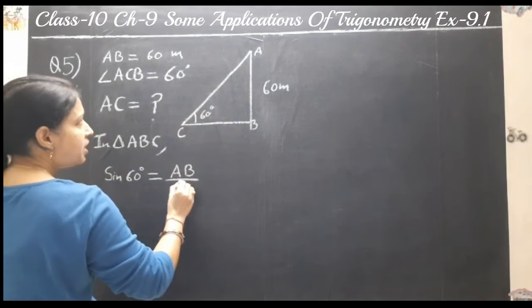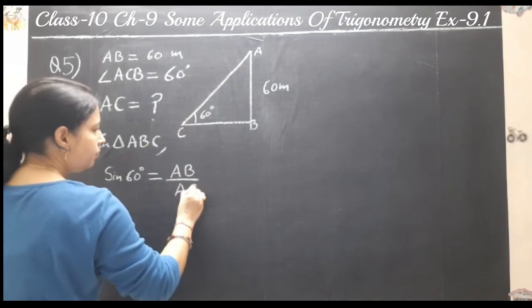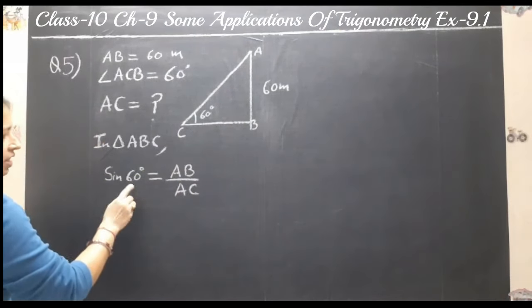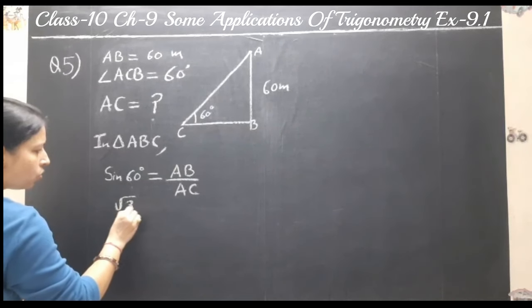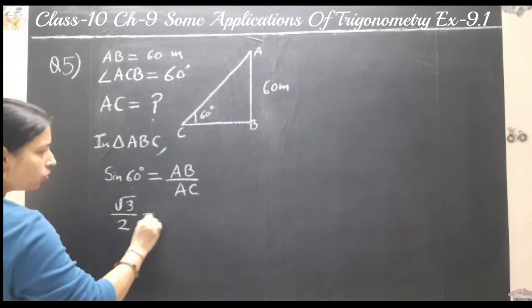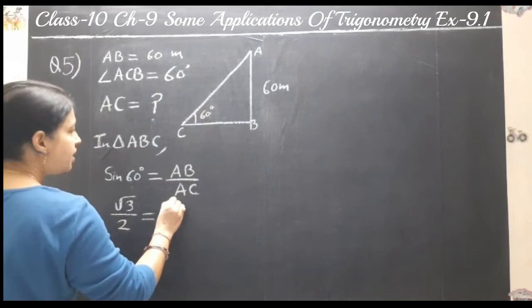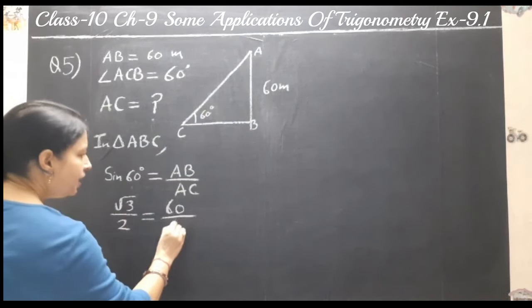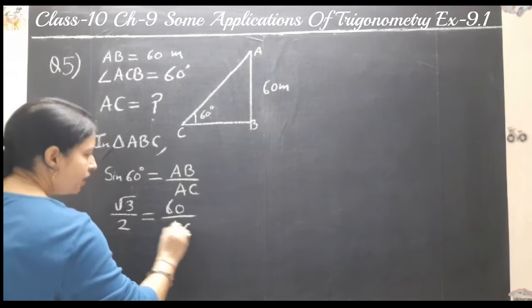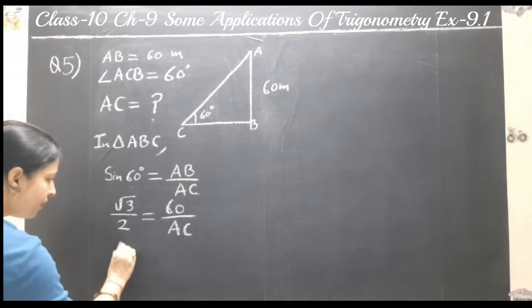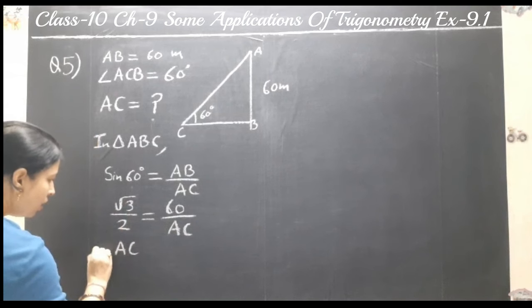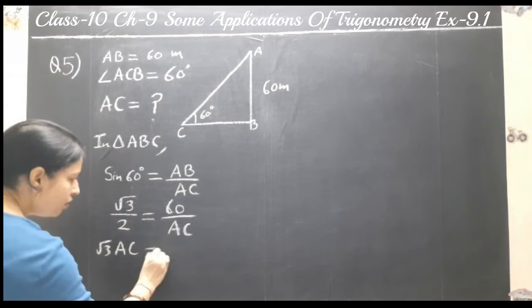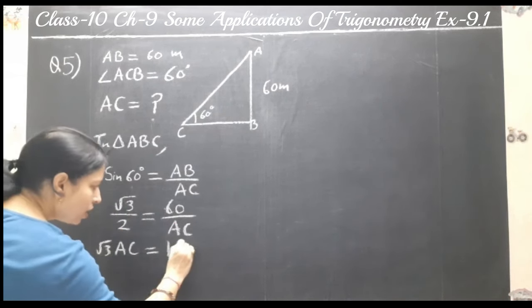And hypotenuse is AC. Put the value of sine 60. Sine 60 is root 3 by 2. And AB is given 60 meter. So write here 60, and write AC. We have to find out AC. Then do cross multiplication. So it will be root 3 AC is equal to 120.